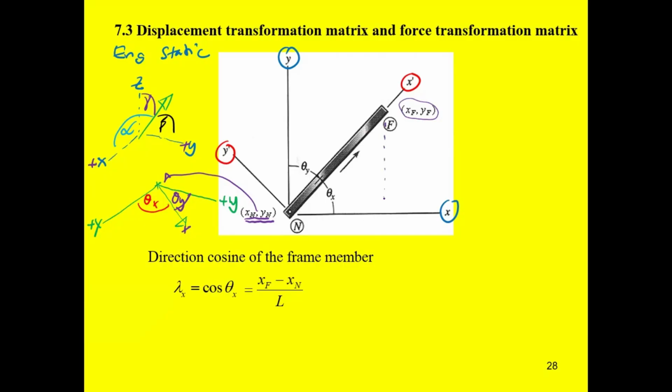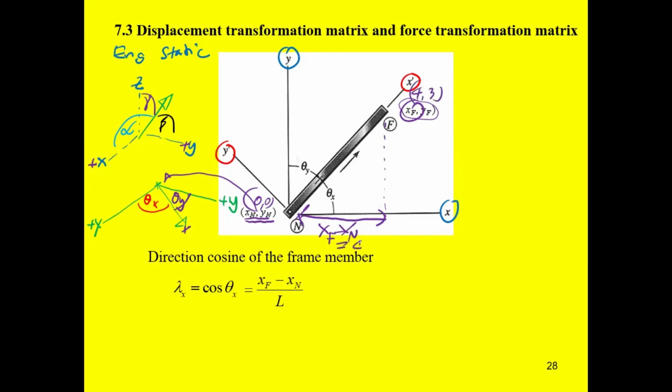You can determine the length from here to here. That's going to be x sub f minus x sub n. For example, if this is 0, 0, this is going to be 4 and 3.